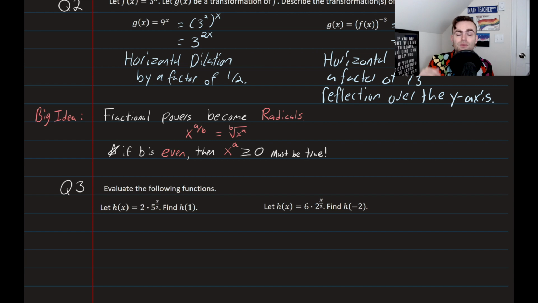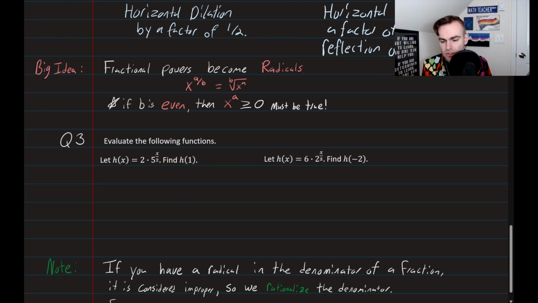Do keep in mind also that a square root, which is a 1/2 power, we don't have to put the 2. So let's finish off our last question here by evaluating some functions with fractional powers. So what I'm going to do is substitute in first, so 2 times 5 to the 1/2. 5 to the 1/2 would be the square root of 5, so 2 square root of 5, and that's all we need to do.